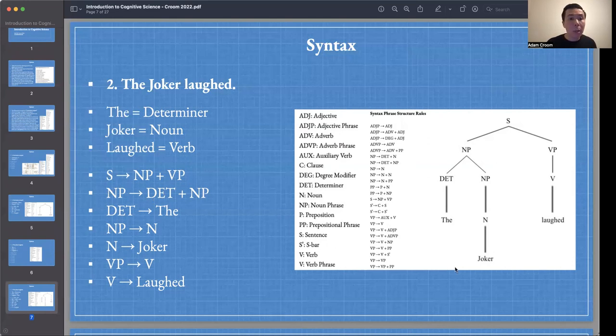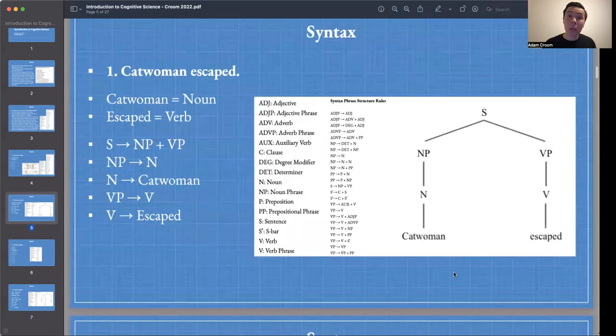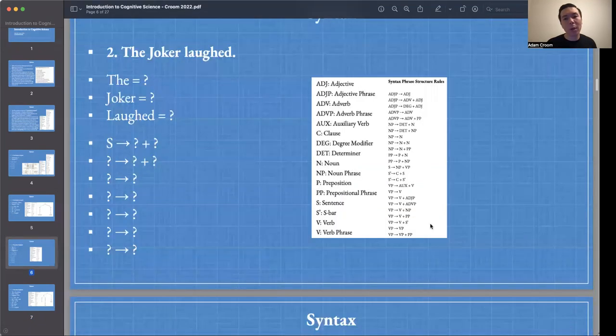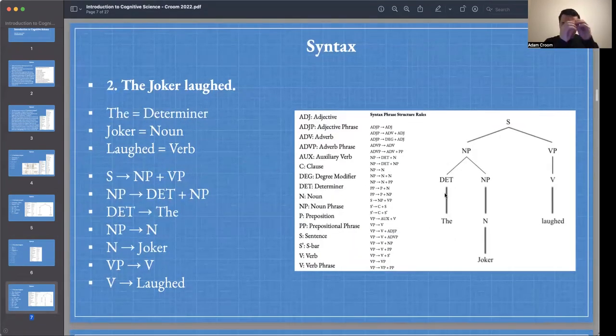So a noun phrase is not just something like Catwoman, but also it can be something like the Joker. And so to draw that, we have a determiner and a noun, and it's the Joker. And then our VP takes a V, and V is laughed. All right, let's keep it going.